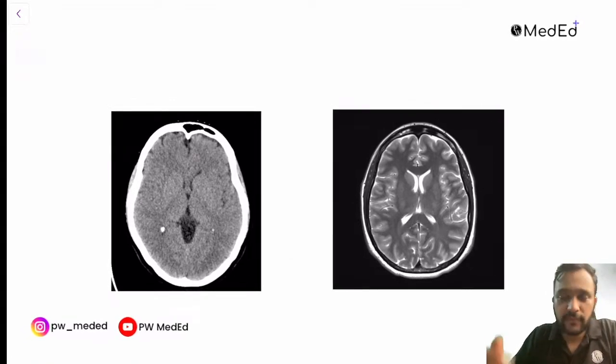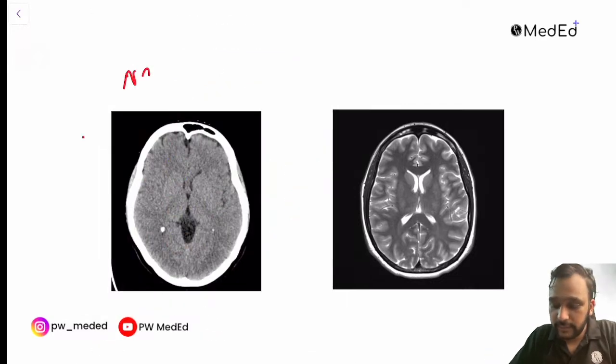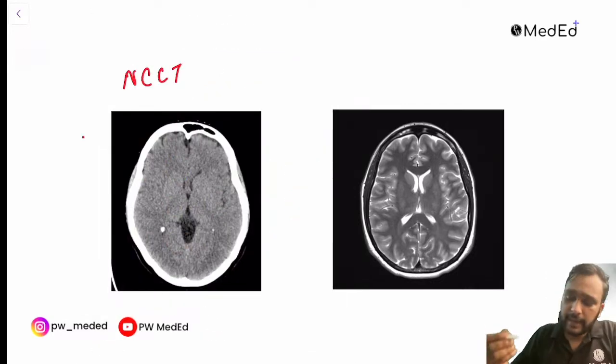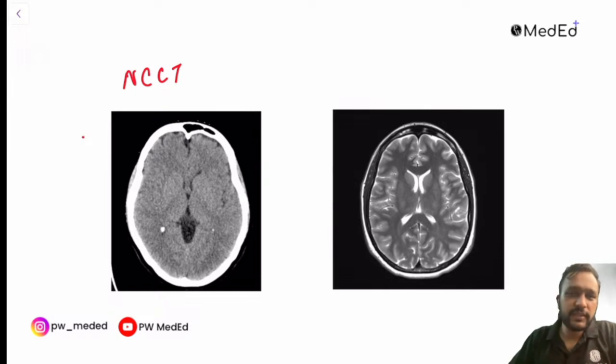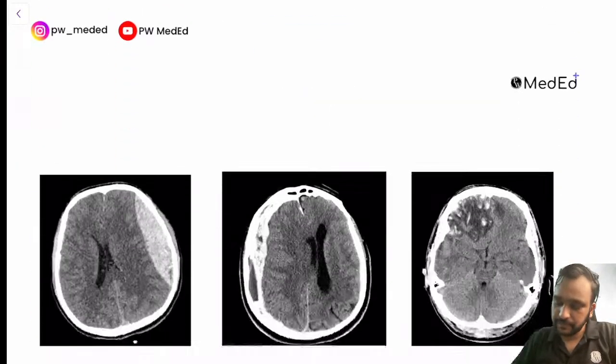So what is the investigation of choice? We have already read that it is the NCCT head which is the investigation of choice in patients with head trauma. So how do we differentiate between NCCT head and MRI brain? Look at the bones: the bones appear white on CT images, and on MRI images the bones will appear dark.